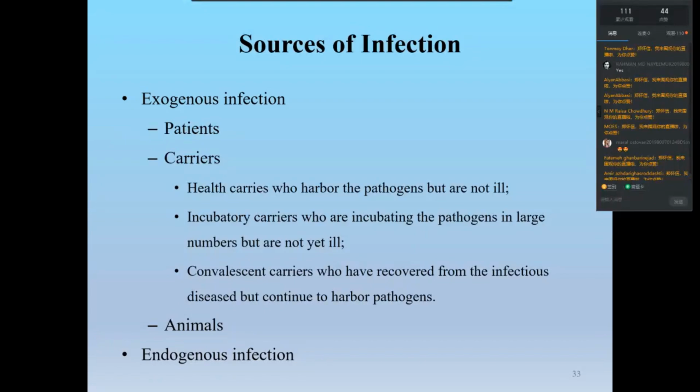But at special conditions, for example, our immune system is compromised, and we are stressed, and at that time point, some of them can rise up and cause trouble to our body, and this is endogenous infection.